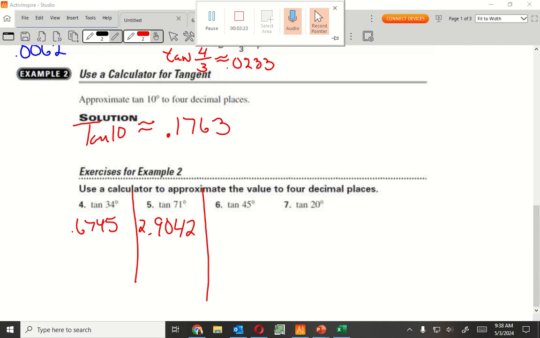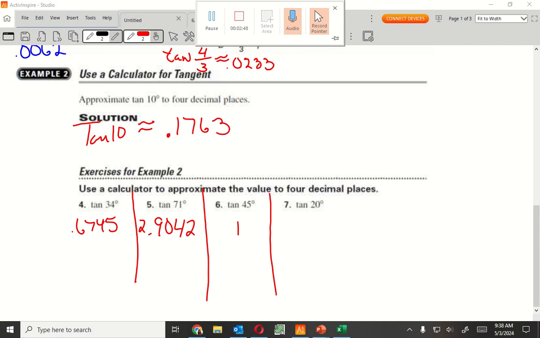It's a 1. And my last one is... 1.619. Tan 45 is 1, but I changed the degree mode and it's... see?